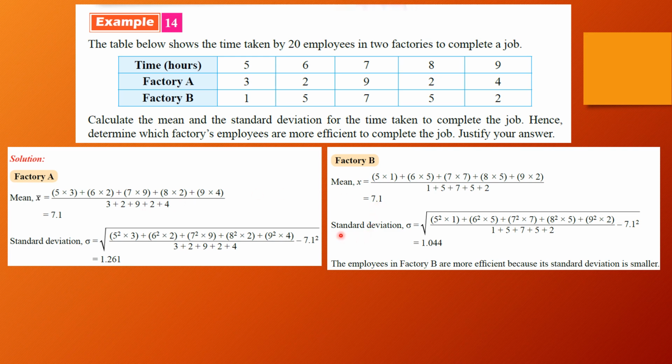So now we find the standard deviation. For standard deviation, you square the hours.